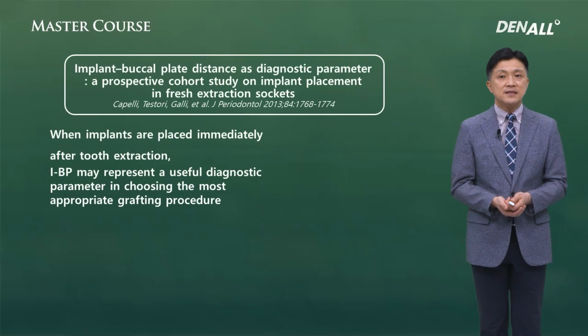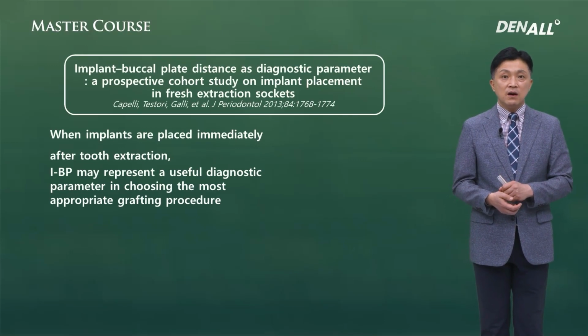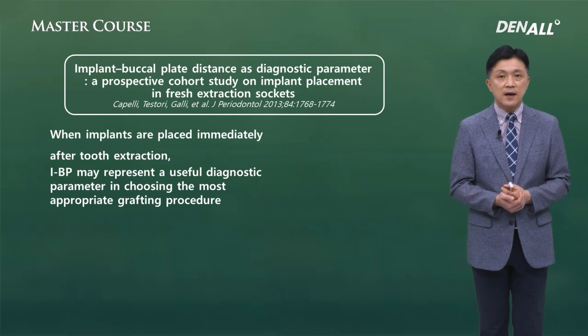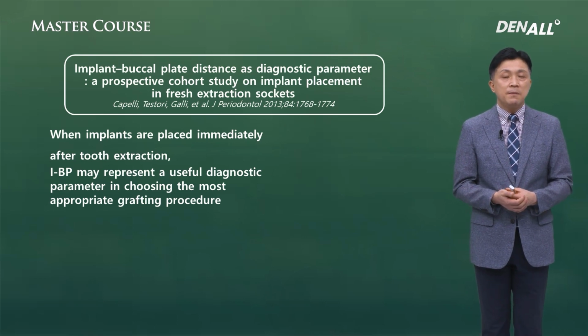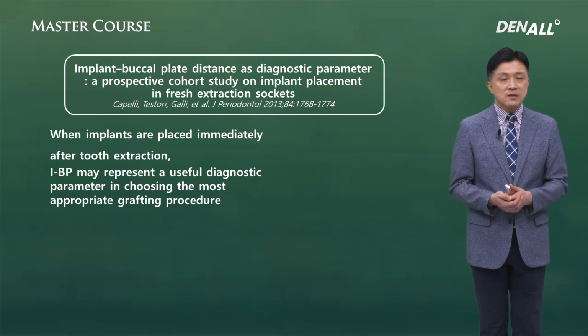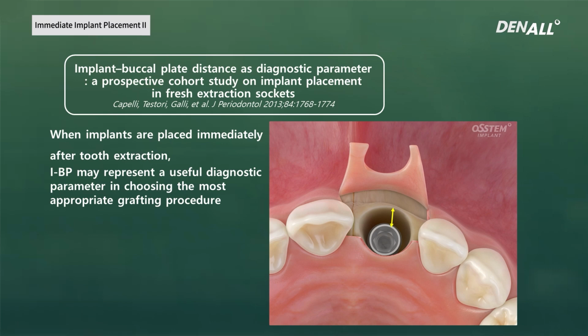What kind of criteria can we use to determine whether we are going to do internal graft or external graft or do both? Capillio Testori published this study in 2013 setting this criteria. In this study, there's this concept called IBP.